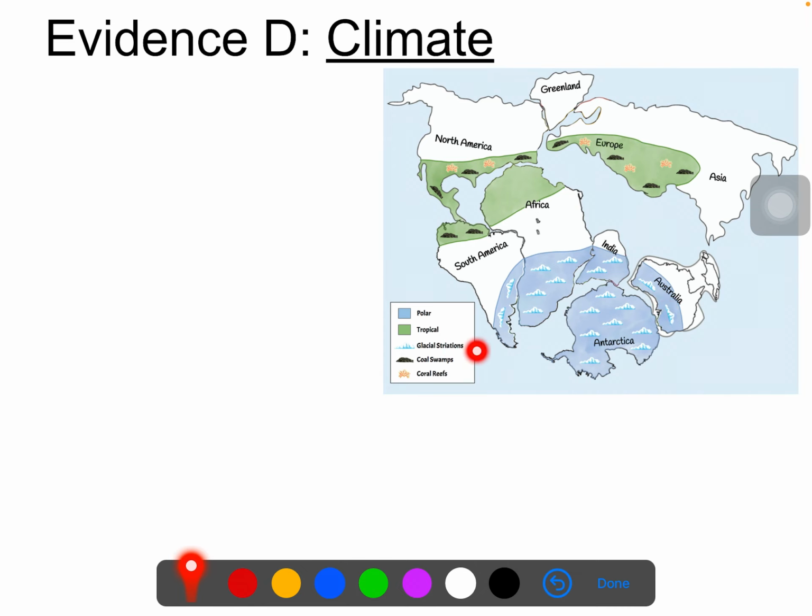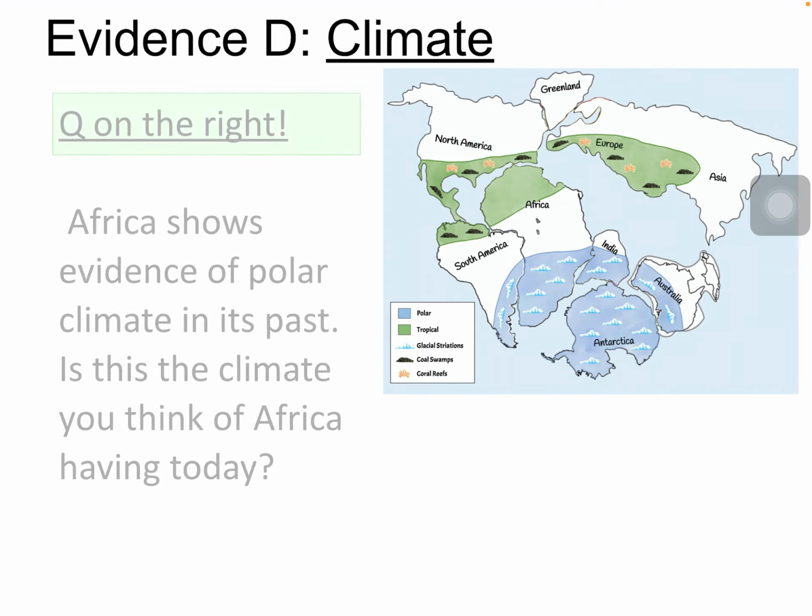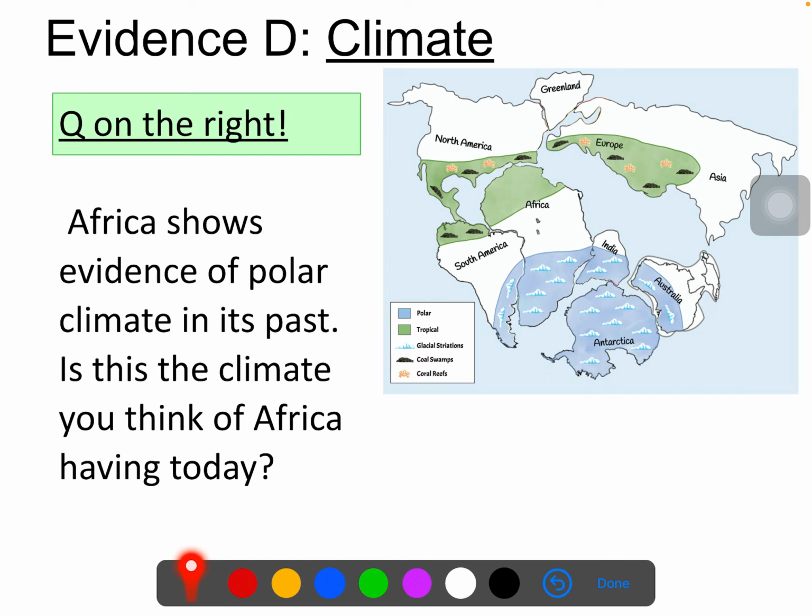That means glacial scratches, essentially, across all these locations: Australia, India, Antarctica, Africa, and South America. So what this map is showing is that the rocks in those areas are telling us that's what the climate was. Okay?